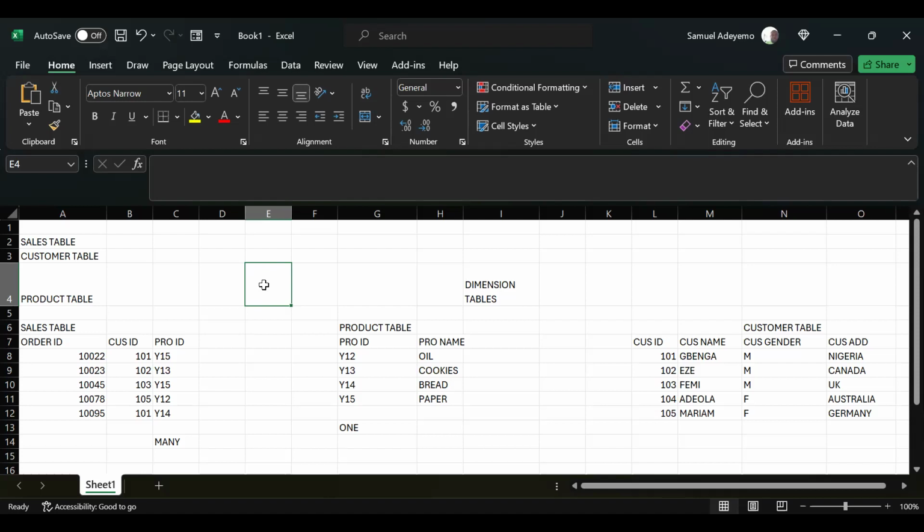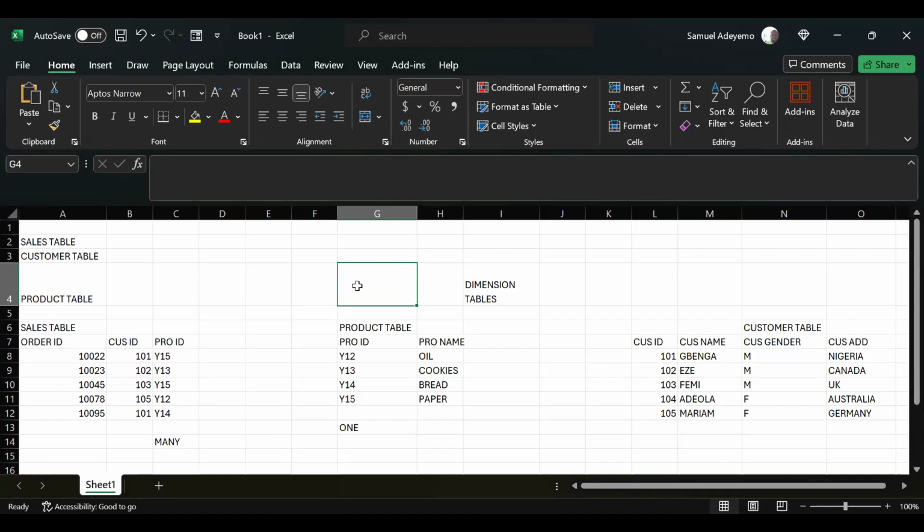Now you understand the dimension table, the fact table, primary and foreign keys, and the cardinality of a relationship, which is many or one.